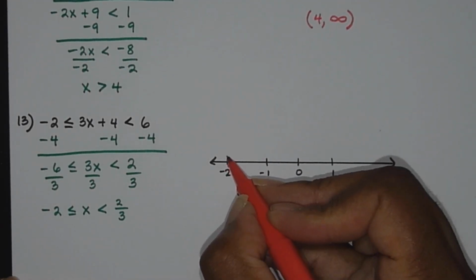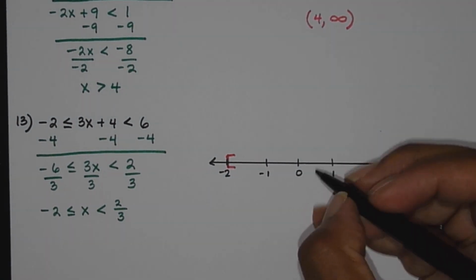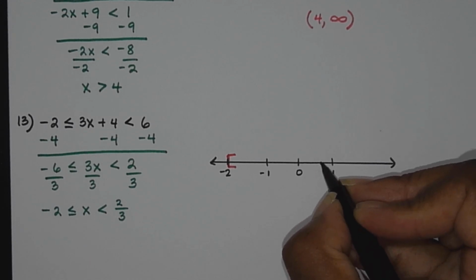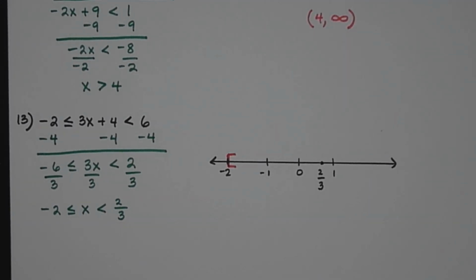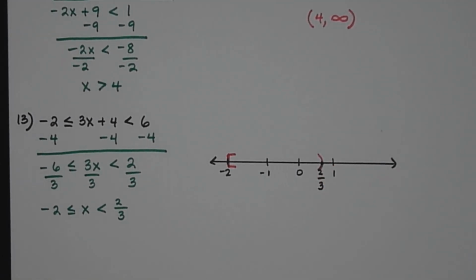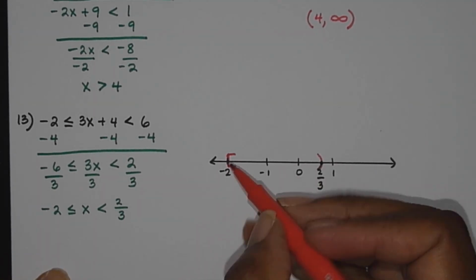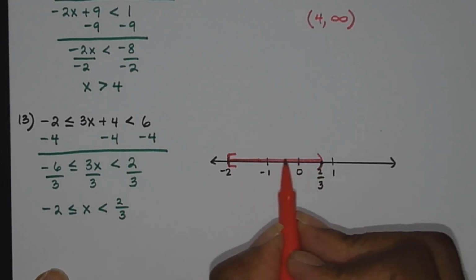Bracket, because that's less than or equal to, that means negative 2 is included. Now for 2/3, which is a little bit less than 1, I'm going to put 2/3 about right here. Do I need a bracket or parentheses? This time parentheses at 2/3. And to indicate that all the values of x are in between negative 2 and positive 2/3, I need to shade in between.